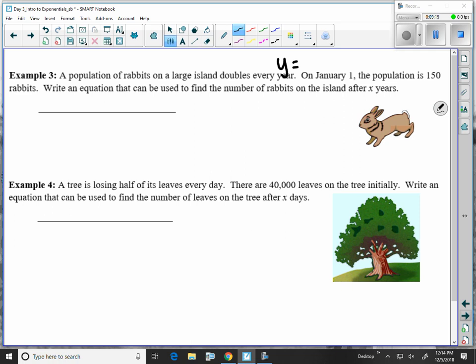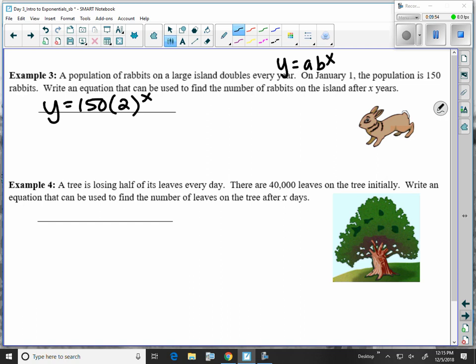Which letter is the initial amount? A is the initial amount. So our initial amount here is 150. And we just said our rate was 2, because it's doubling. So we take 150 rabbits, we double them, that's the 2, and then the x power is going to tell us how many years.